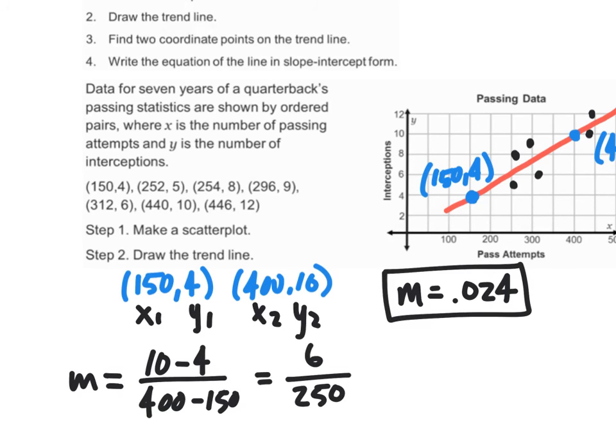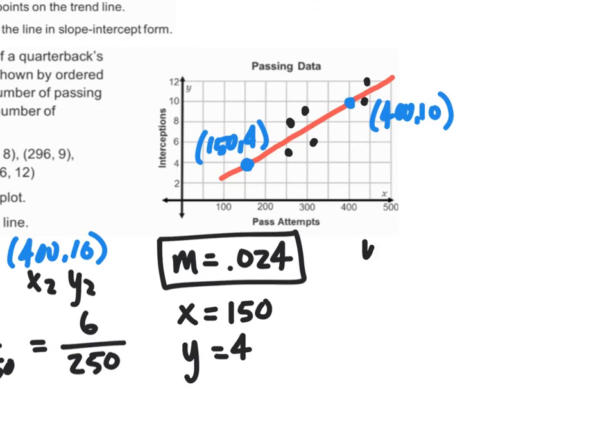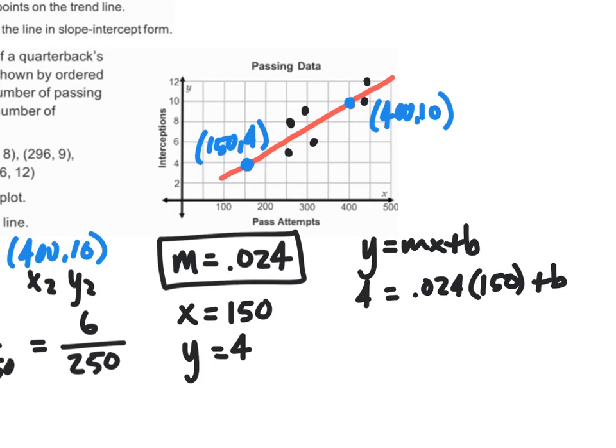Now, the other thing that I want to do is write the equation of my line using slope-intercept form. So there's my slope. I'm going to use my smaller point, x equals 150, and a y value of 4. Okay, so if we use y equals mx plus b, y is equal to 4, m is 0.024, x is 150, and then plus b. So 0.024 times 150 is 3.6.